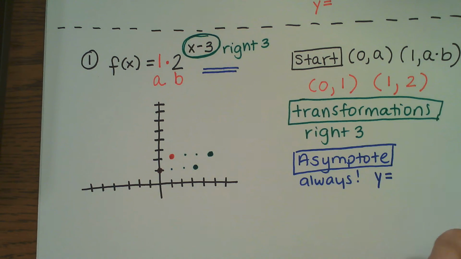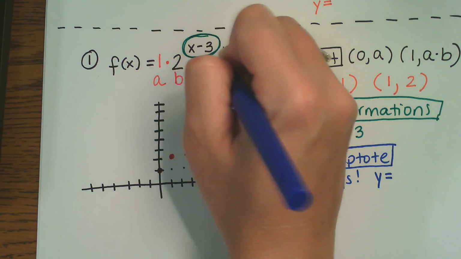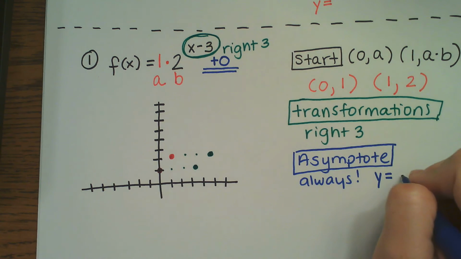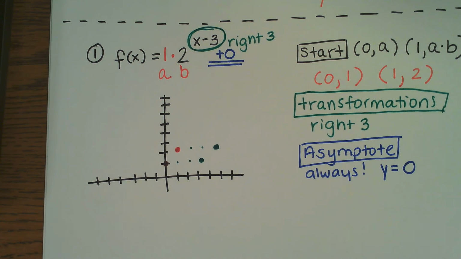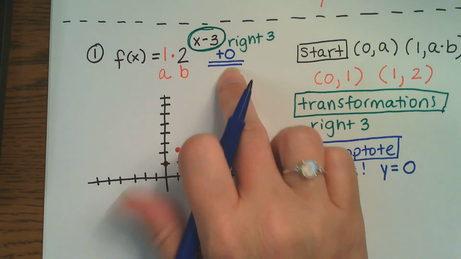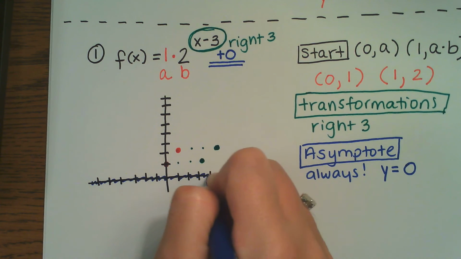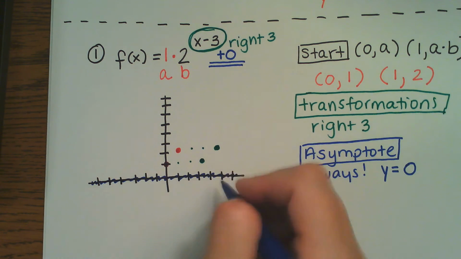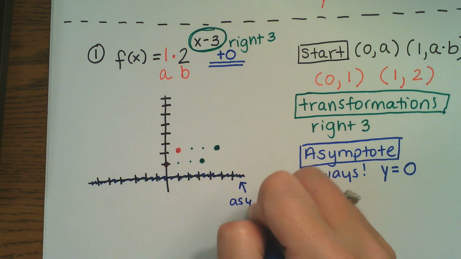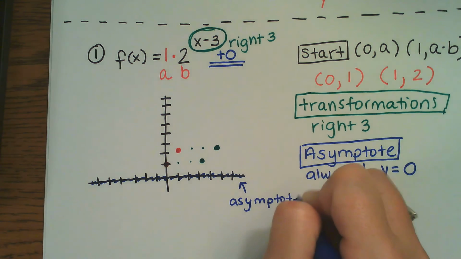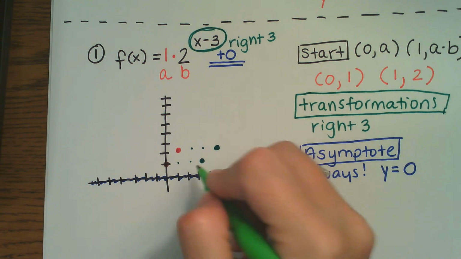Well, we don't have a number added or subtracted on the back end, but we can use 0 for ours since there is not a number. So we'll have this boundary line going through the y-axis at 0. It's basically the x-axis. And now you should be able to sketch your graph.